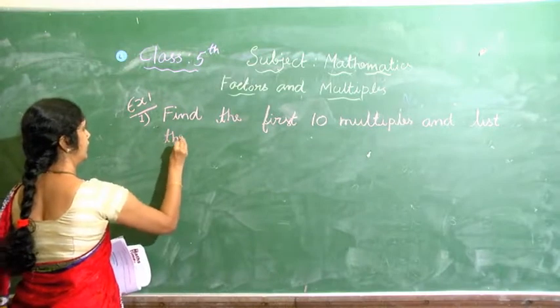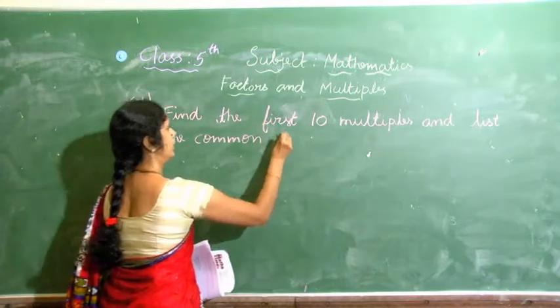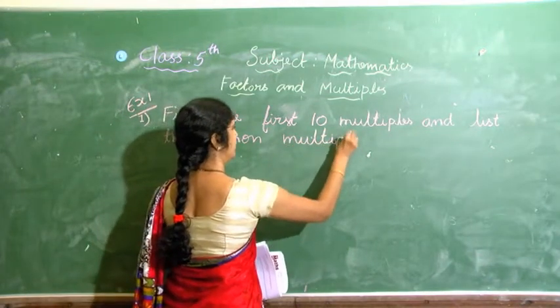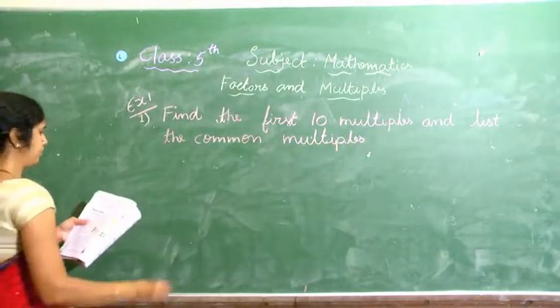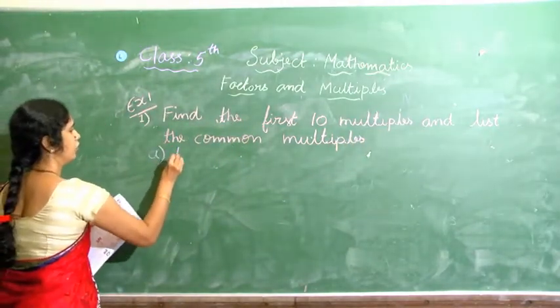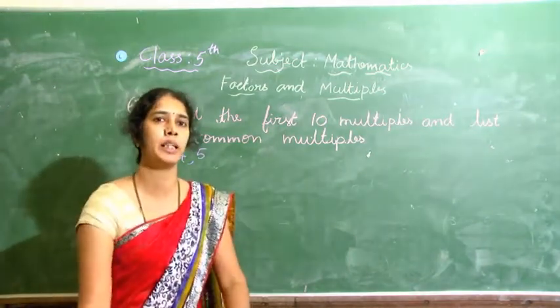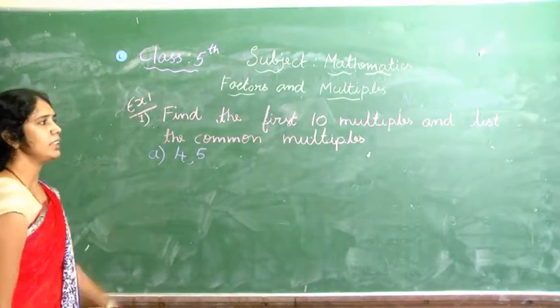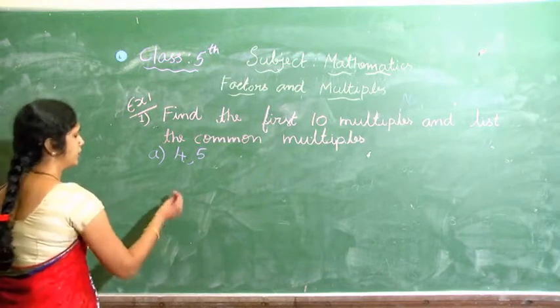In the first sum, 4 and 5, first we have to write the multiples of the given numbers. Then we should write the first 10 multiples. Then we have to write the common multiples.